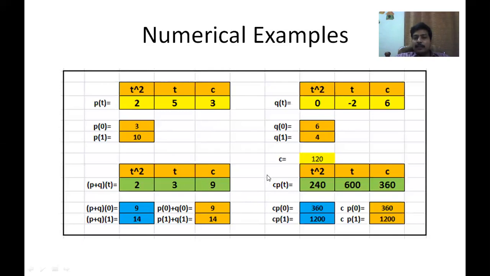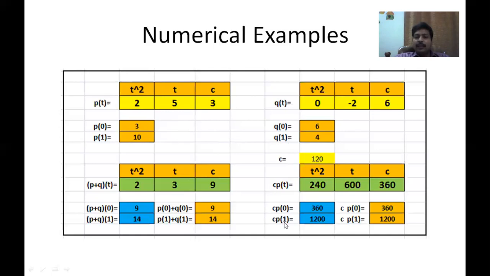Similarly, for scalar multiplication, I have taken a scalar 120. I have multiplied p with 120: 120 into 2 is 240, so 240 t square plus 5 into 120, 600 t, plus 360. This is c of p of t. The value of Cp at 0 is 0 plus 0 plus 360, 360.